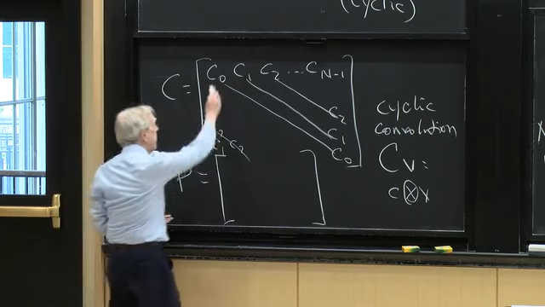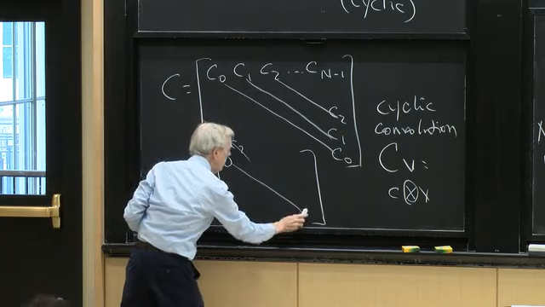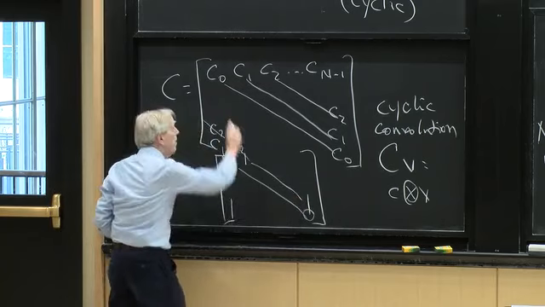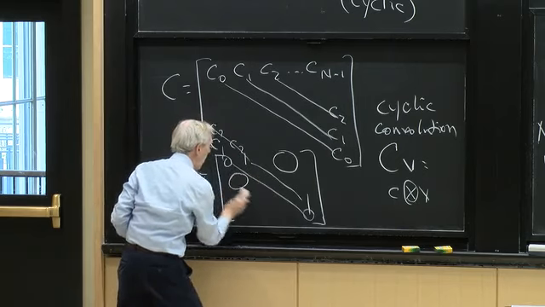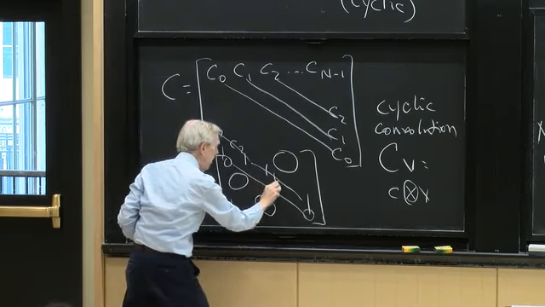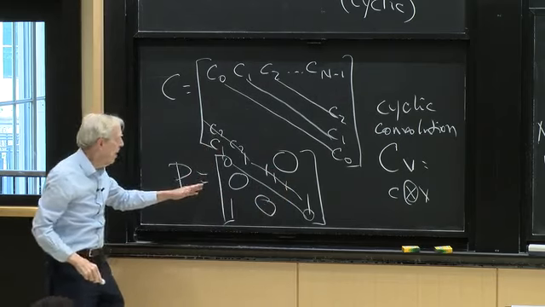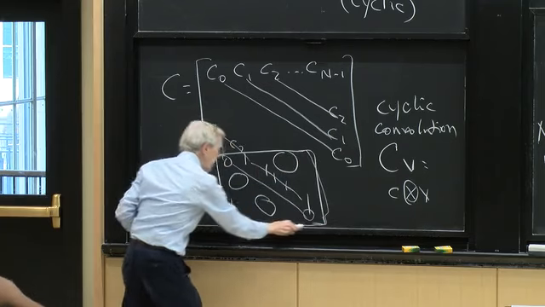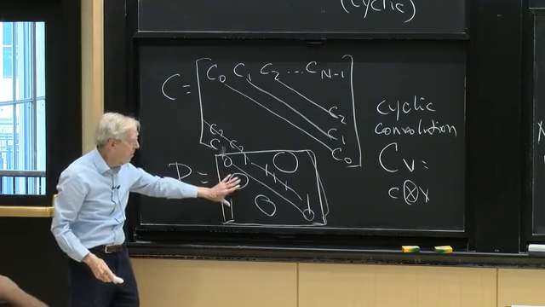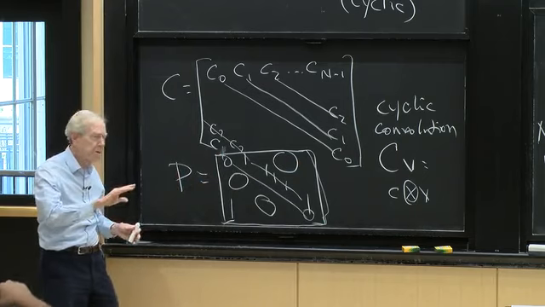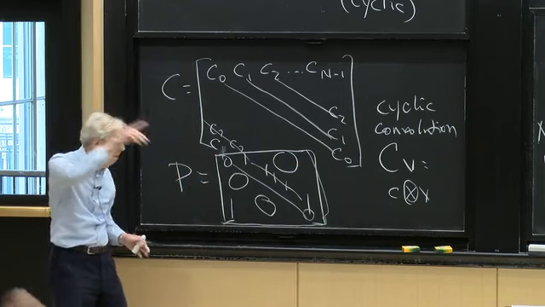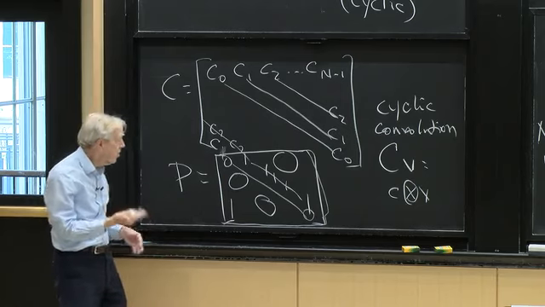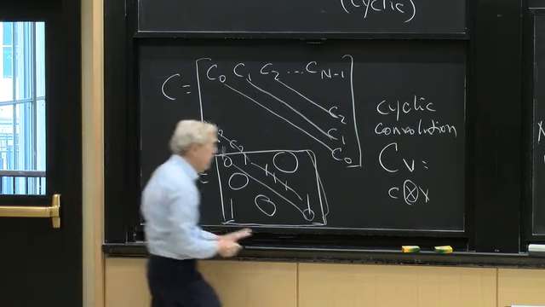And the permutation matrix has C0 equals 0, C1 equals 1, and the rest of the C's are 0. So it's just the effect of multiplying by this. The effect of multiplying by this permutation matrix is to shift everything and then bring the last one up to the top. So it's a cyclic shift.